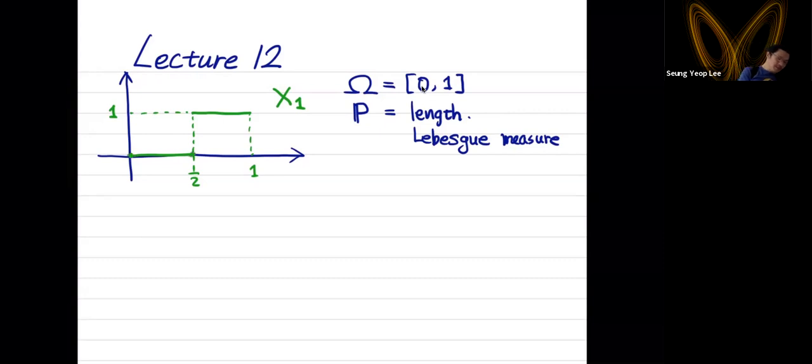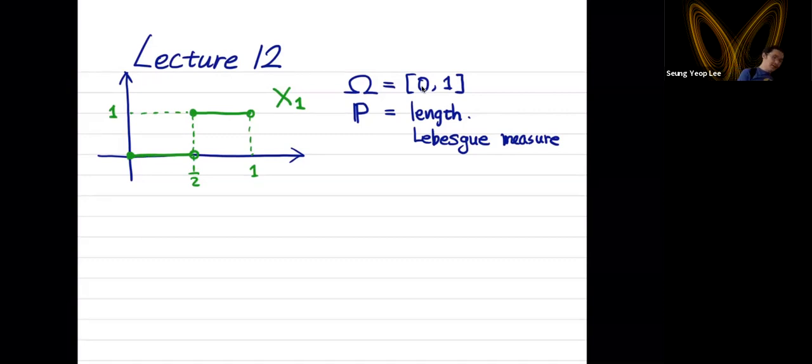Just to be perfectly rigorous, 1/2 doesn't belong to the bottom, but 1/2 belongs to the top. So any question about this definition? No.